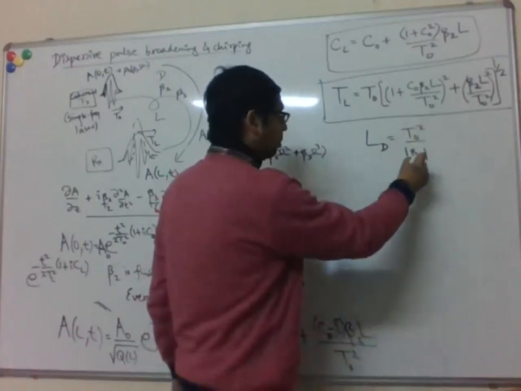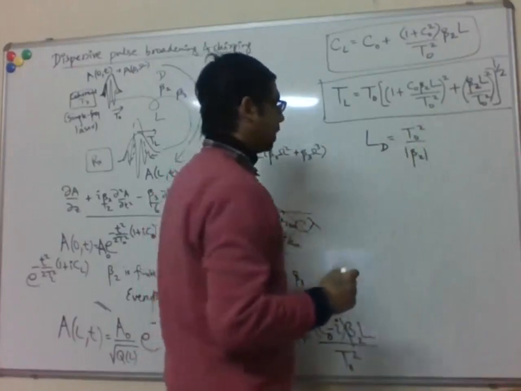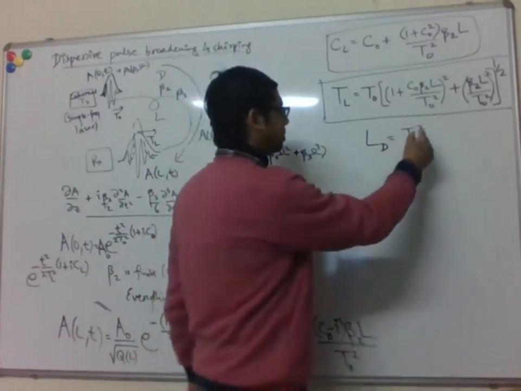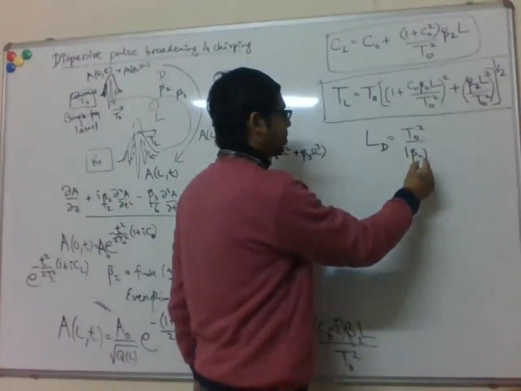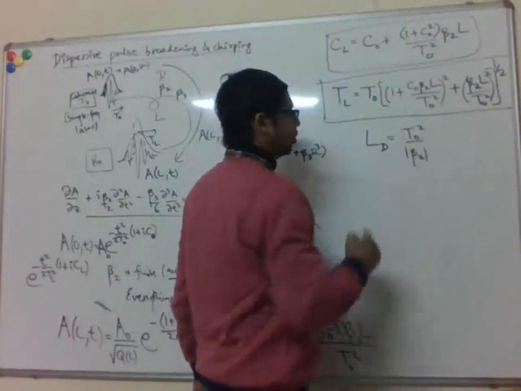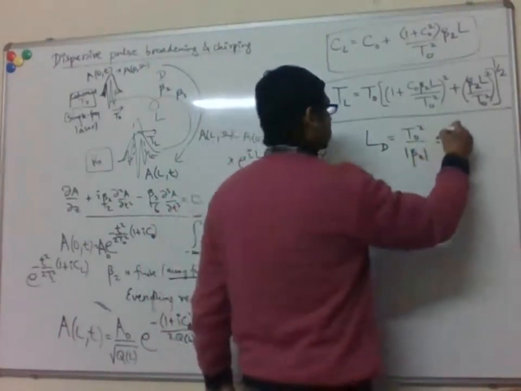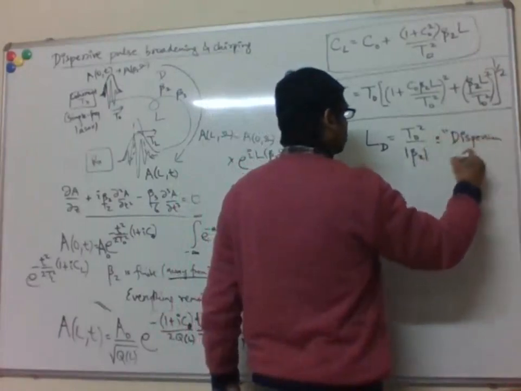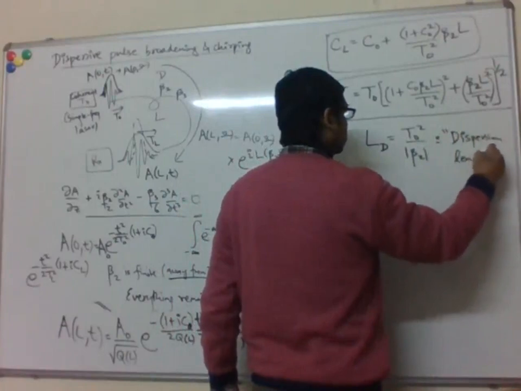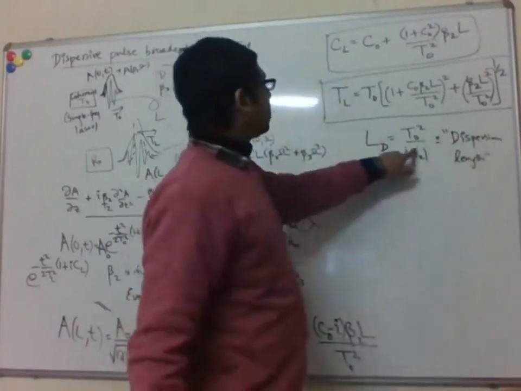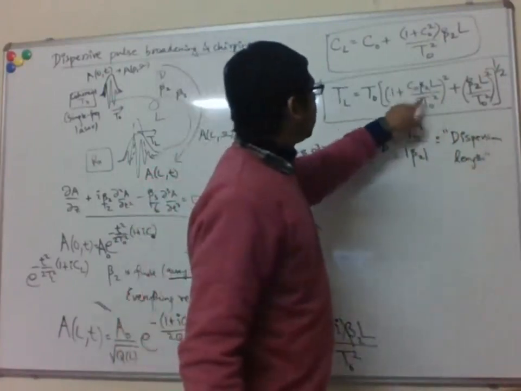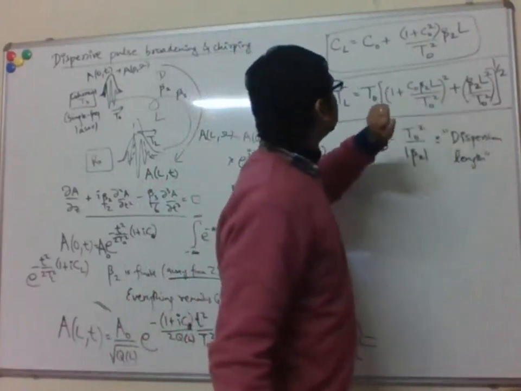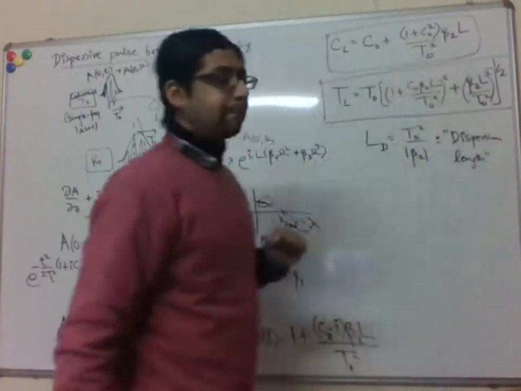Beta 2, recall, had units of picosecond square per kilometer. So this is picosecond square, this is picosecond square per kilometer. So you can see this will give you kilometer. So this is called dispersion length, because you can see this quantity shows up here, beta 2 by T naught square.